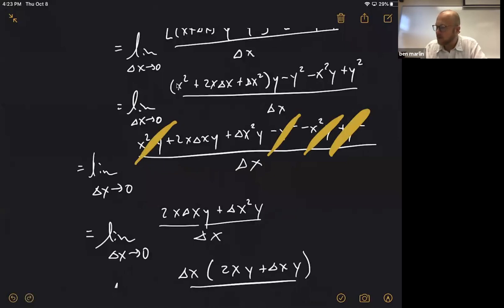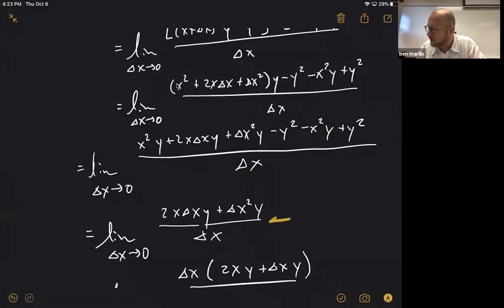Now, something you need to remember when you come to this stage of it: everything in the numerator that did not have a factor of delta x or delta y, whatever it is you're dealing with, everything that did not have one of those factors will have canceled. If it didn't, that's not because math is wrong, it's because you dropped a term.